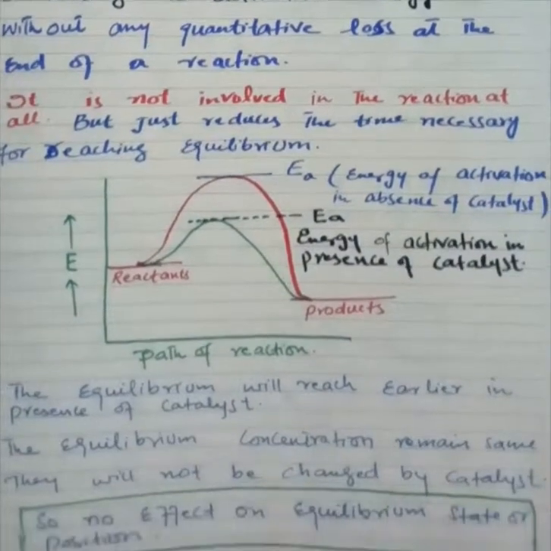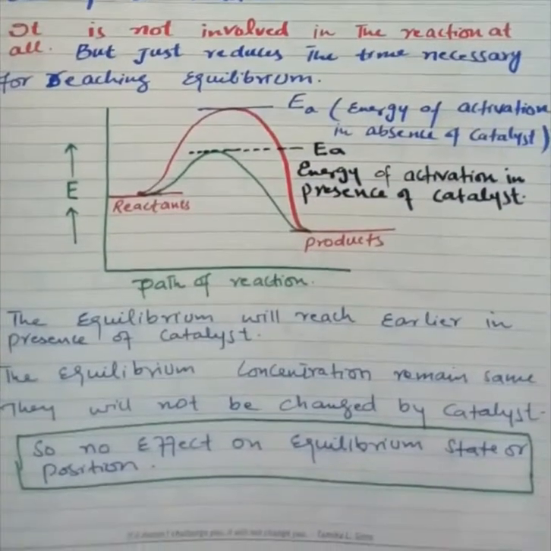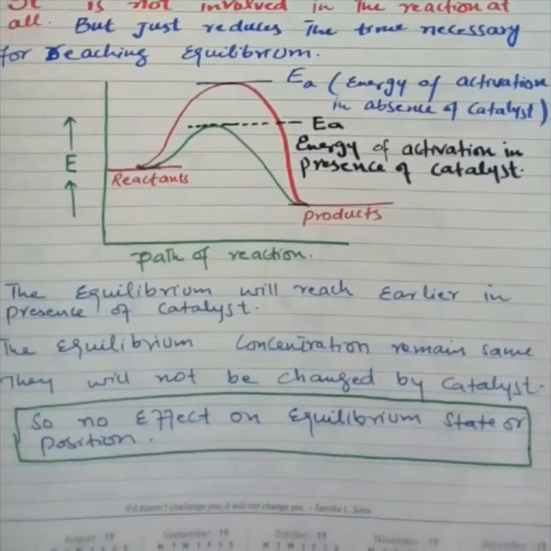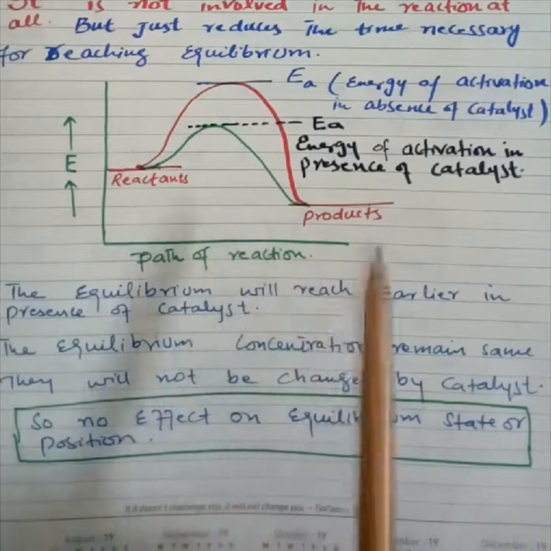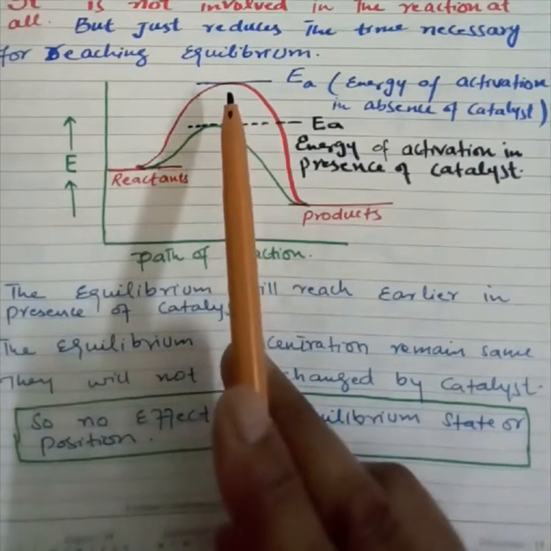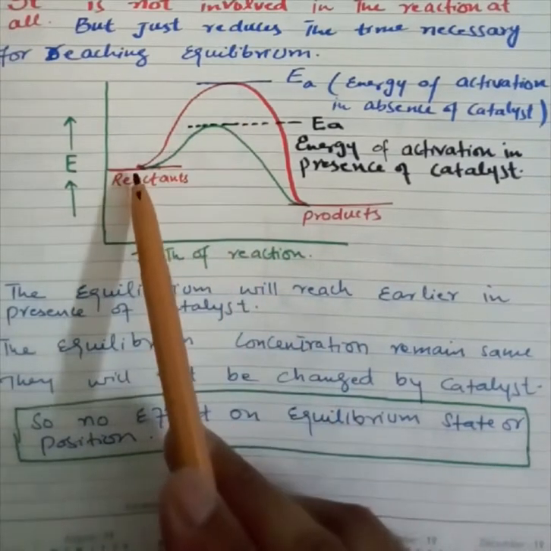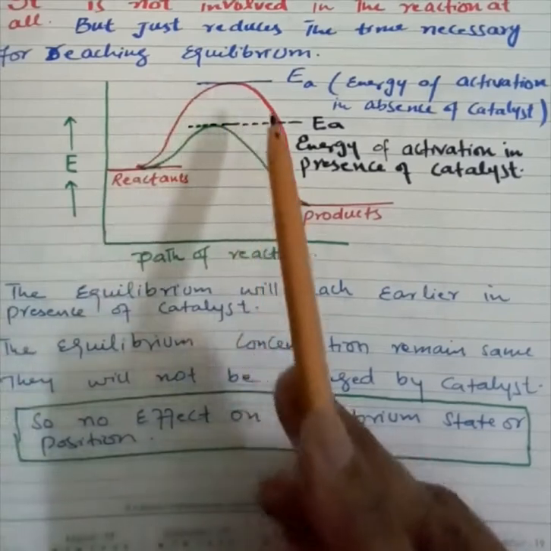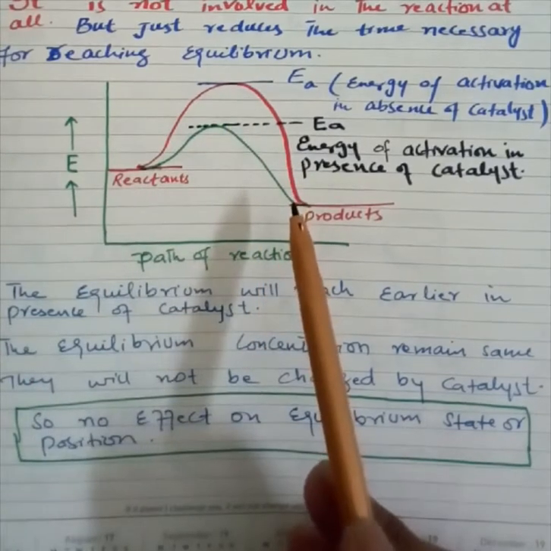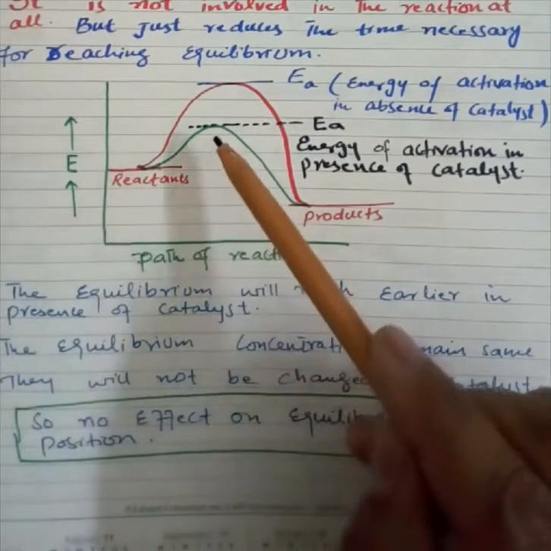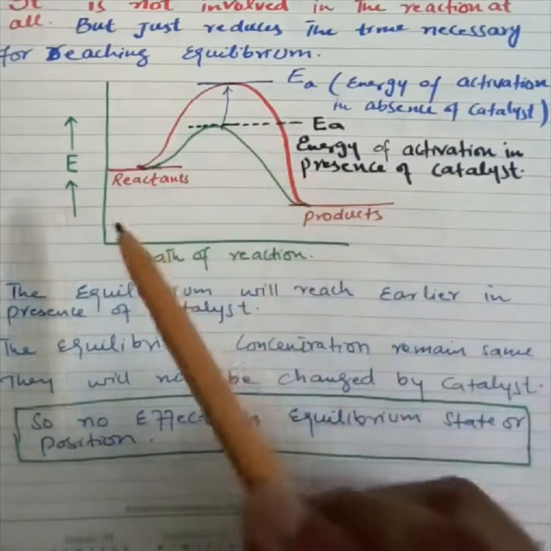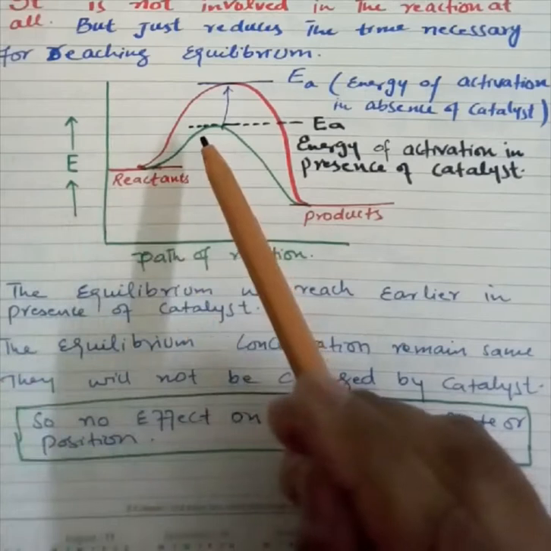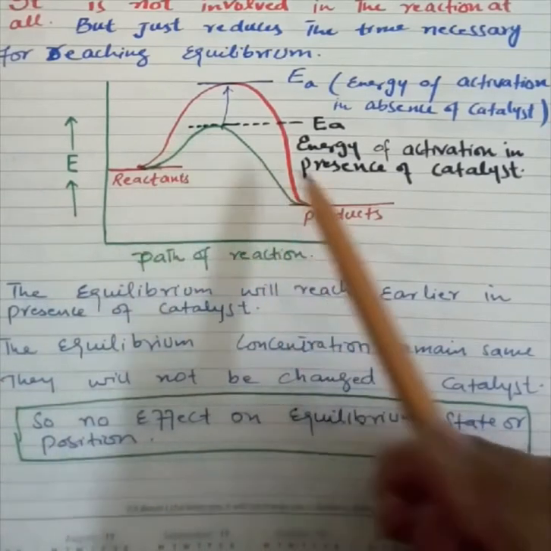For example, I have drawn a graph. The red shows the activation energy in the absence of a catalyst. When the catalyst is absent, the activation energy is high. All the reactants must reach this place in order to be converted into products. Now it will take more time to reach this place. But when a catalyst is present, the reactants will move towards this place, that is the activation energy in the presence of a catalyst.